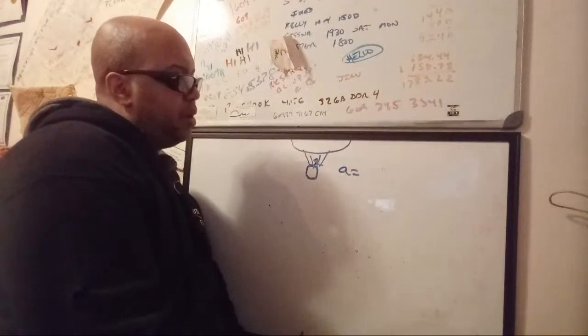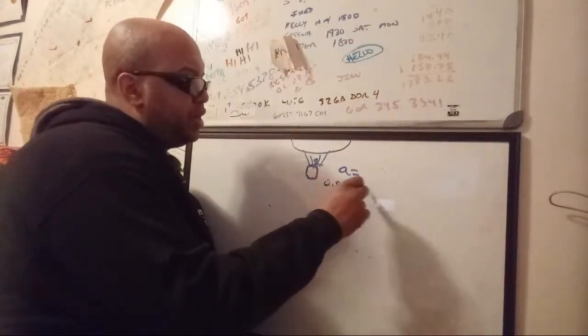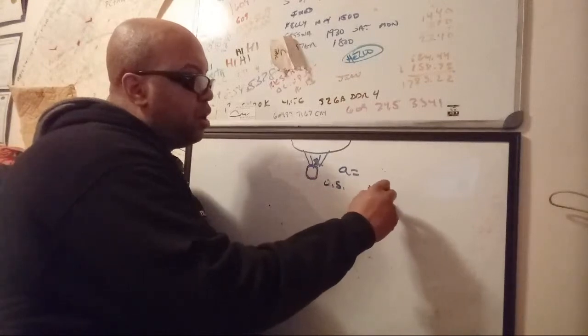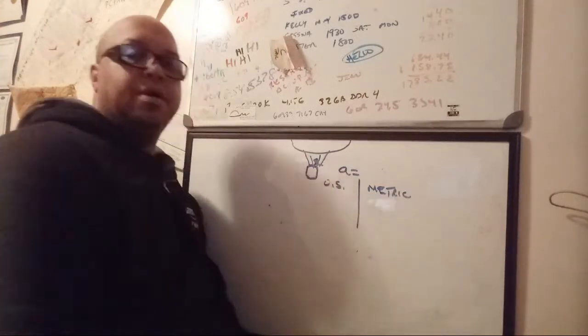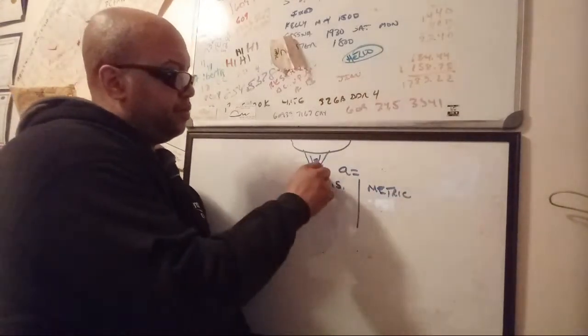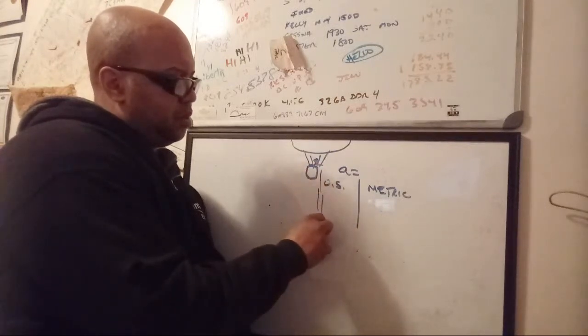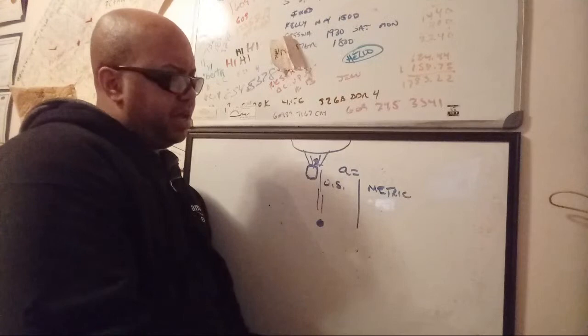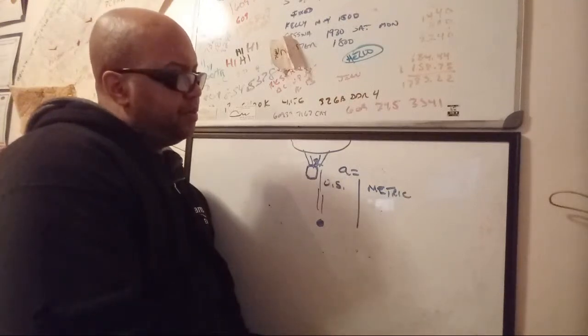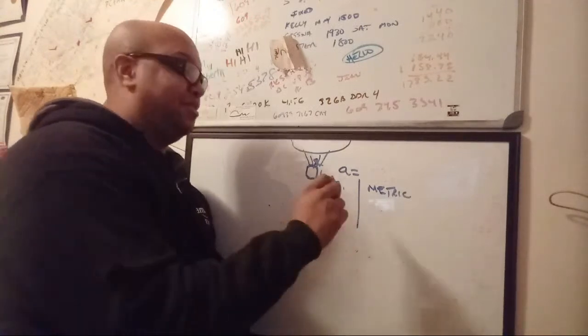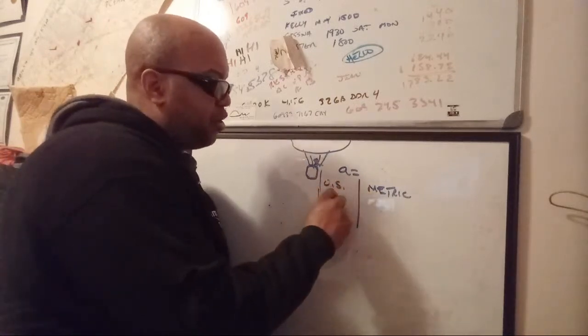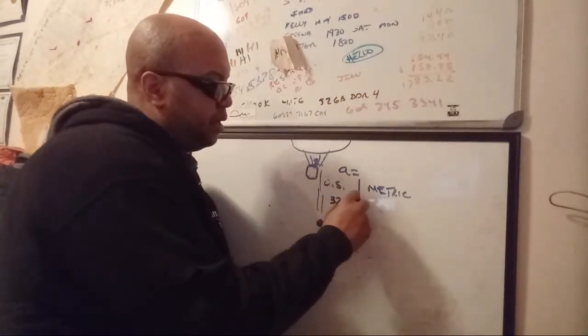What is the acceleration of gravity in U.S. customary units, or British units, as opposed to metric units? It's 32 feet per second squared.